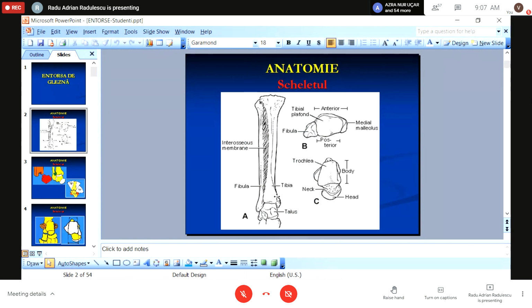So we understand from this that in order to function normally, the ankle must be ensured by functional tibiofibular joints. You know that we have two tibiofibular joints, one proximal here and one distal here. And you also know this from anatomy and biomechanics, that there is a slight motion between these two bones.